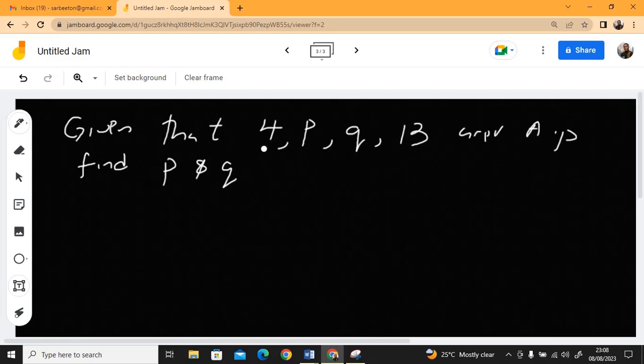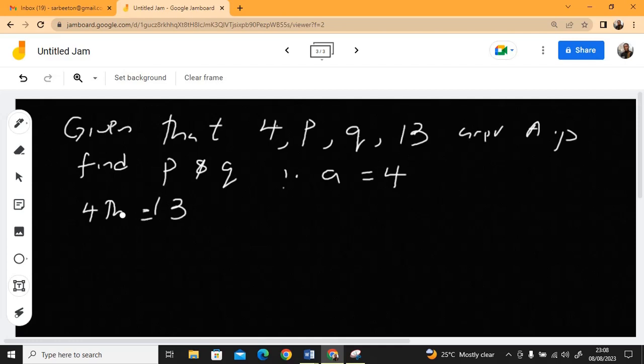This is how you're going to do it. You know the first term, because the first number is the first term. It means here you can say that a equals 4. Now this is first term, second term, third term, fourth term. It means the last term here, which is the fourth term, is 13.